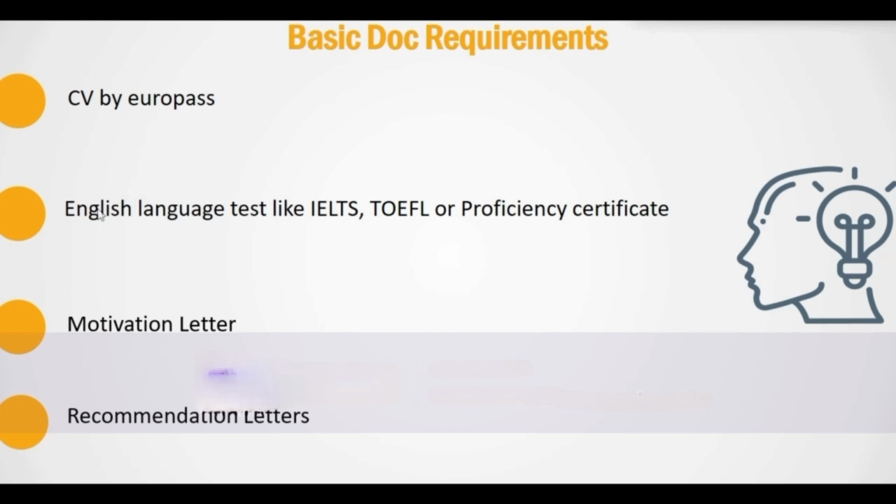And when it comes to the English language test, IELTS score required usually 6 band is enough, and same goes for TOEFL score. And you can also use your English language proficiency certificate, but I would recommend that you should go for IELTS or TOEFL.